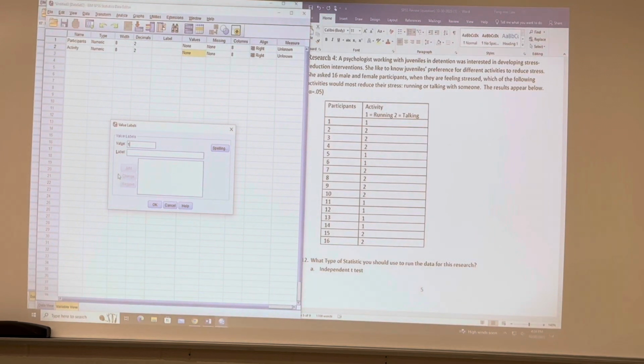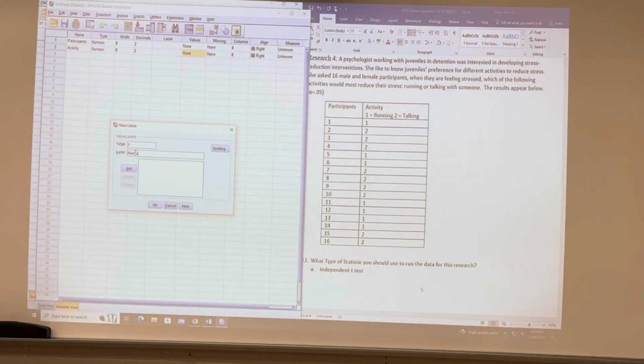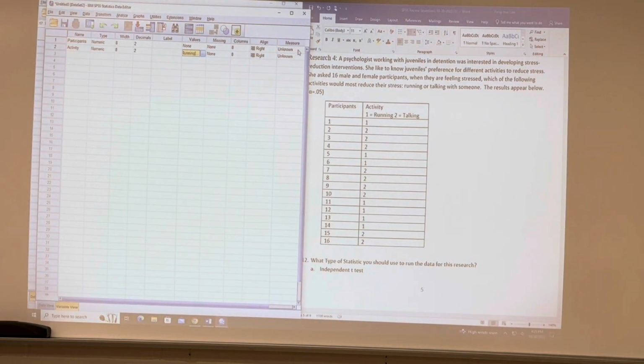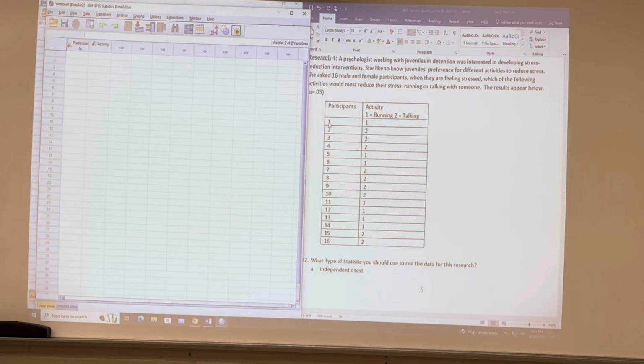One is called running, and 2 is talking. The participant is nominal, and activity is also nominal. They are both nominal data, that's why you run chi-square. Okay, let me copy the data.